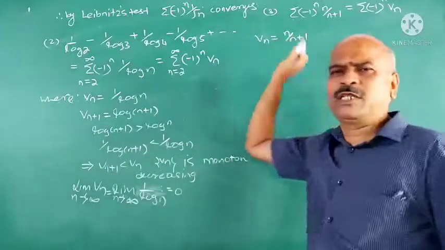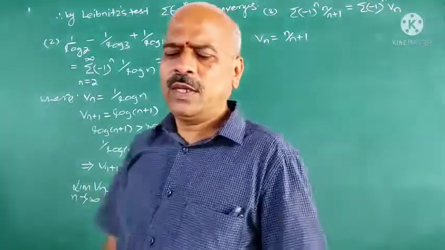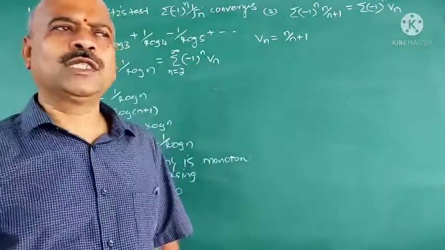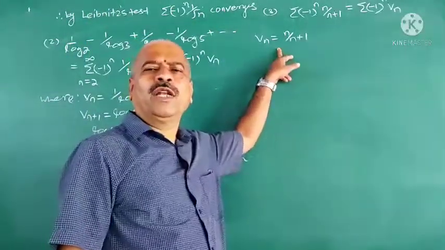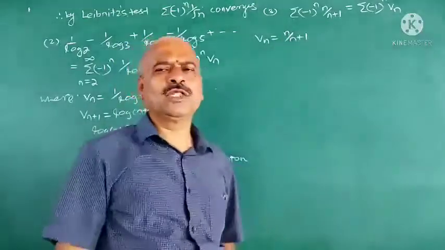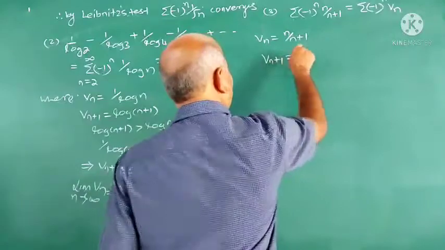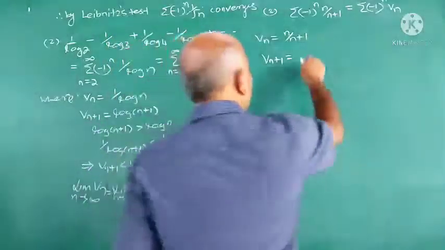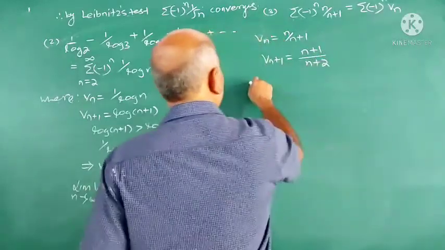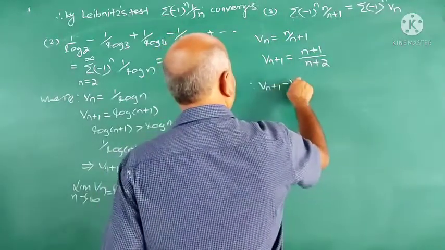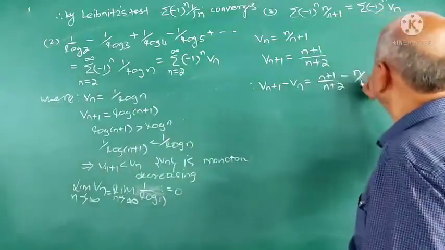Now what is Leibniz test? If Vn is monotone decreasing and the limit Vn as n tends to infinity is 0, then the given alternating series sigma minus 1 raised to n Vn converges. Now we have to verify whether it is monotonically increasing or decreasing. Vn plus 1 is n plus 1 upon n plus 2. Therefore take Vn plus 1 minus Vn, which is n plus 1 by n plus 2 minus n by n plus 1.